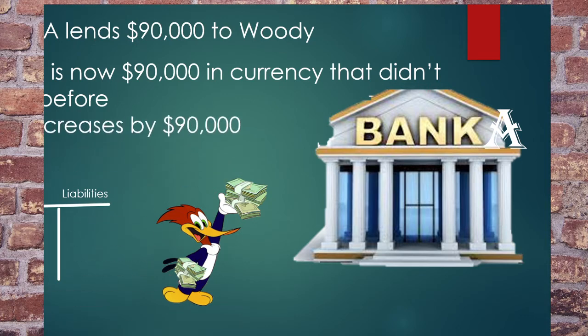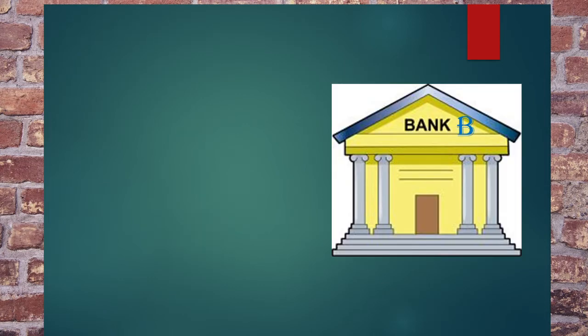So M1 increases by $90,000. If we look here, M1 has currency of 90,000, which is Woody's, and checkable deposits of $100,000, which is Goofy's. And now the only thing that changes is the excess reserves are now called loans, and that's 90,000, and that is an asset.